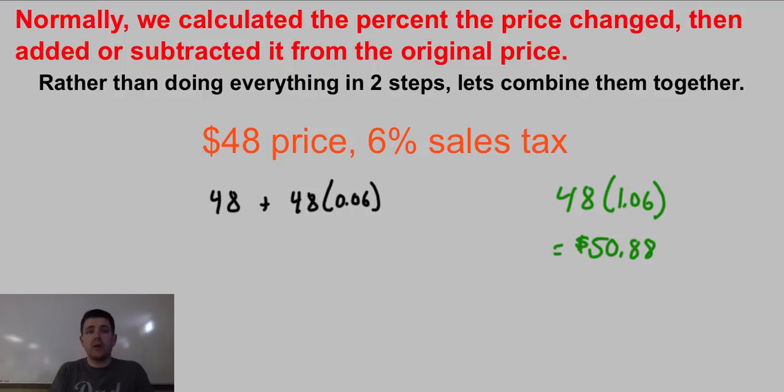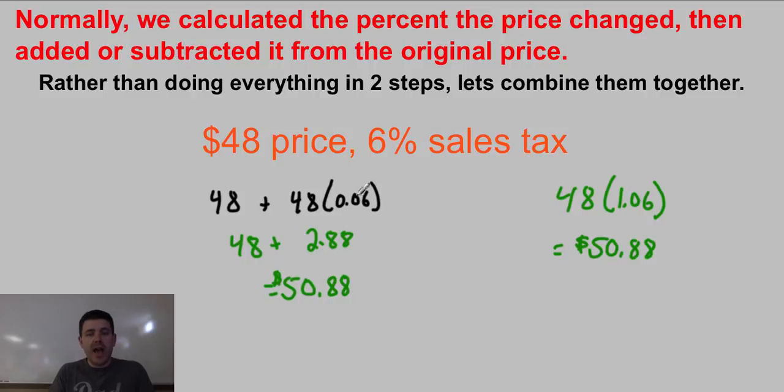Let's see if we would have gotten the same thing the other way. So let's think of the original way we would have done this. 48 times 0.06 is $2.88. And then we add that back on to our $48 and we get $50.88.